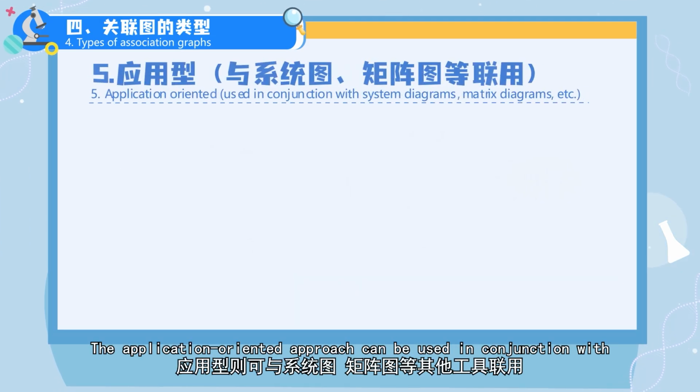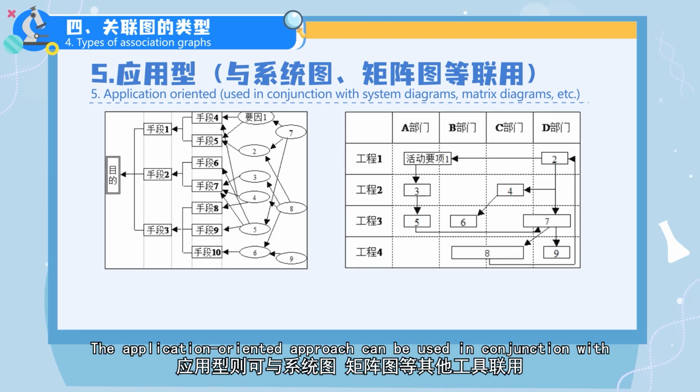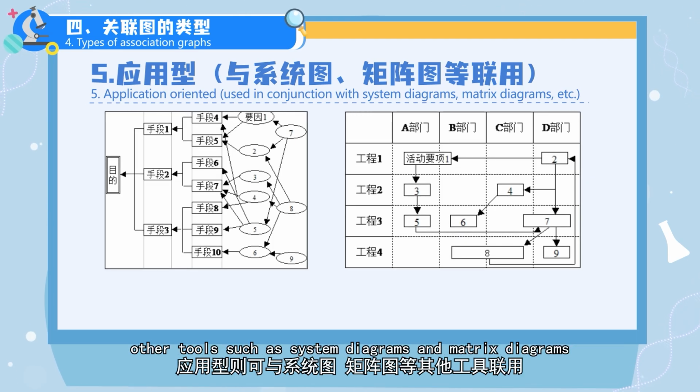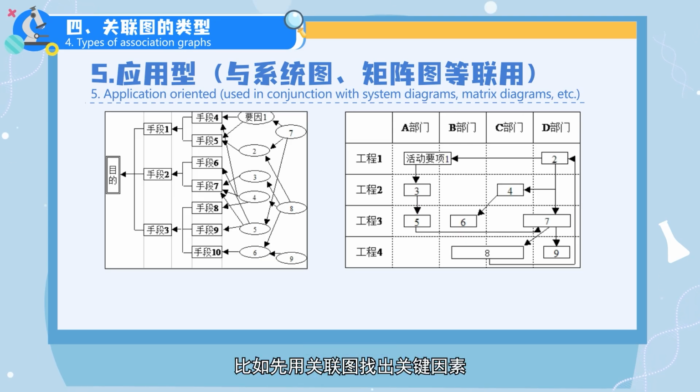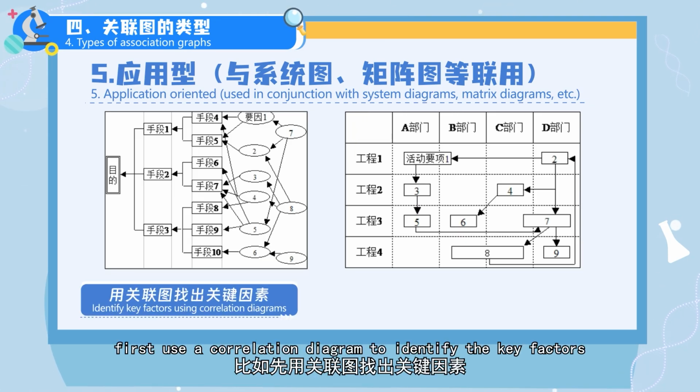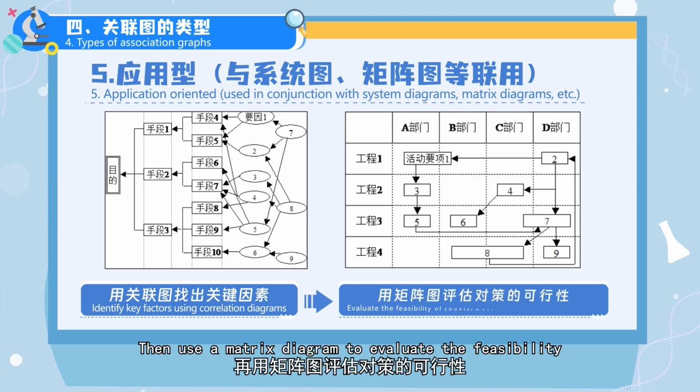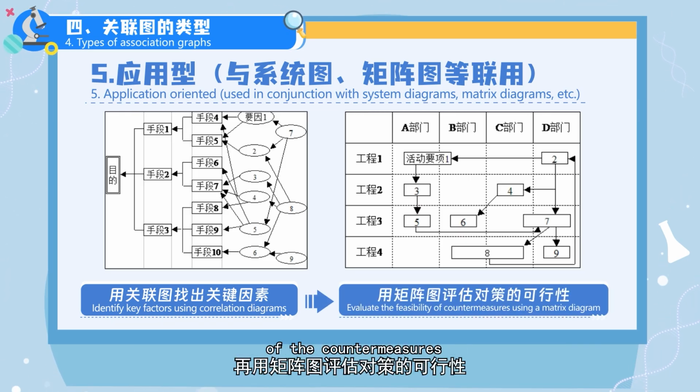The application-oriented approach can be used in conjunction with other tools, such as system diagrams and matrix diagrams. For example, first use a correlation diagram to identify the key factors. Then use a matrix diagram to evaluate the feasibility of the countermeasures.